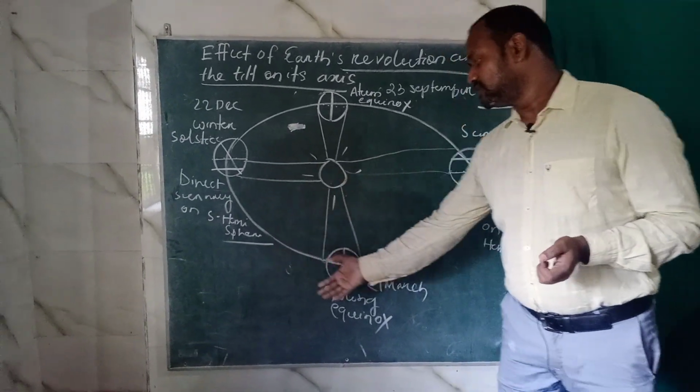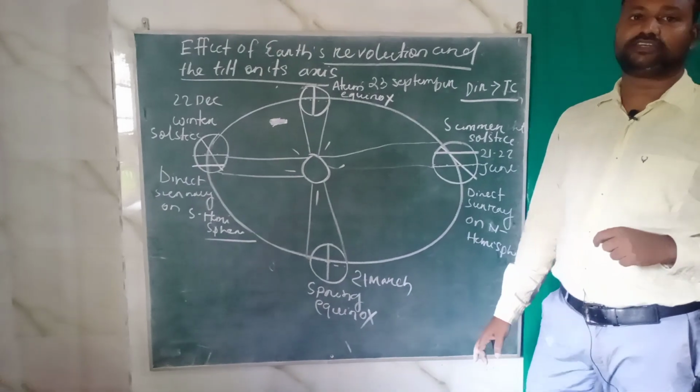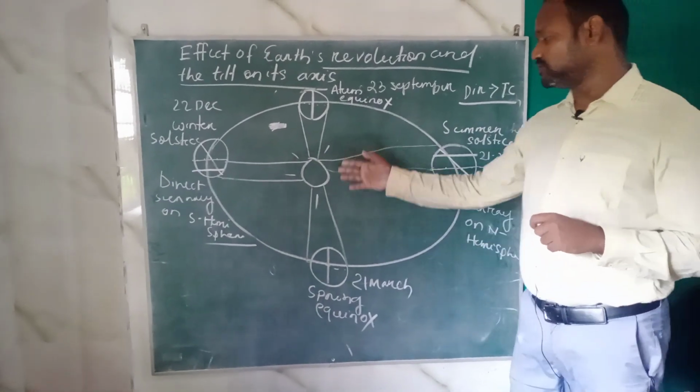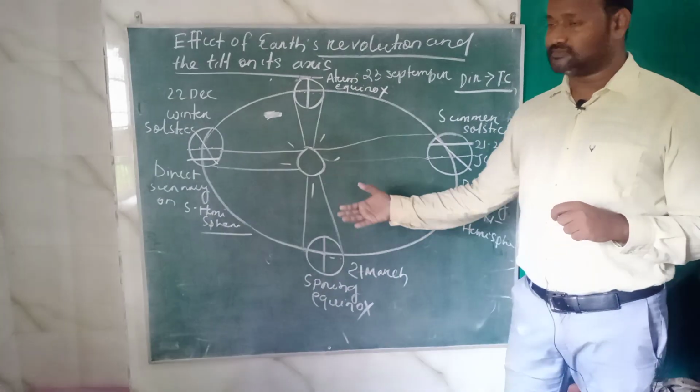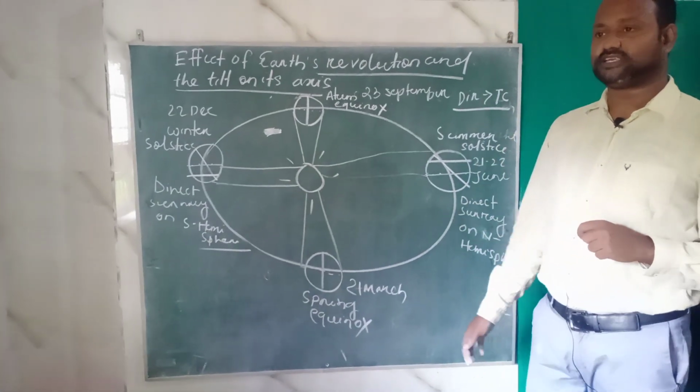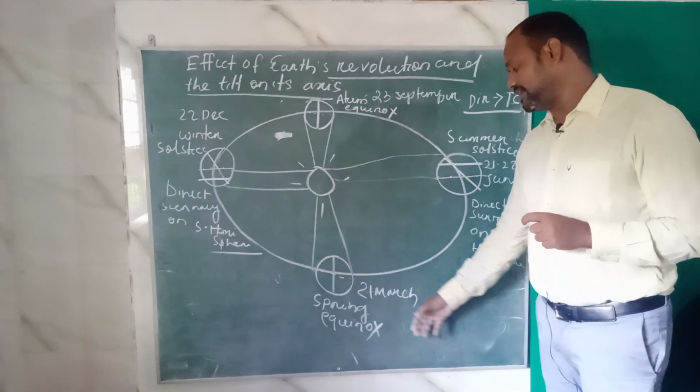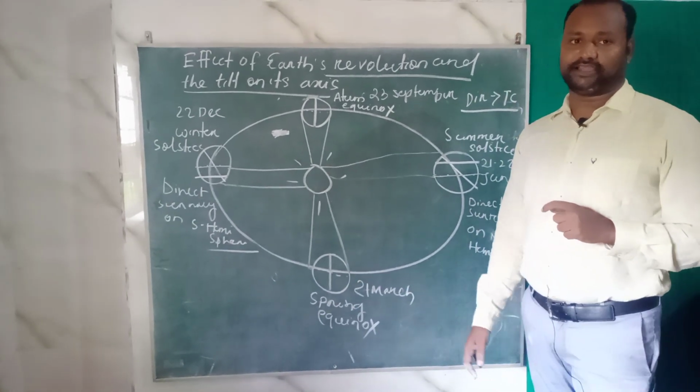Then next is the spring equinox. It is the time when the direct sun ray is over the equator. Both the northern and southern hemispheres get an equal amount of sunlight, and equal day and night.